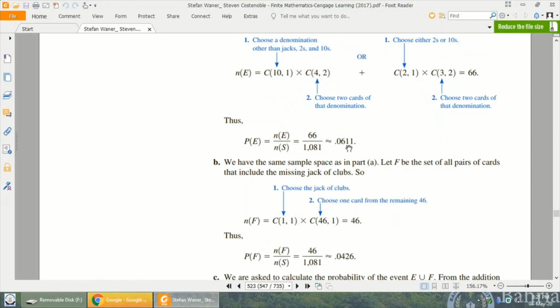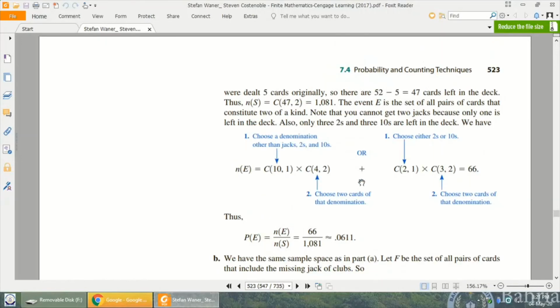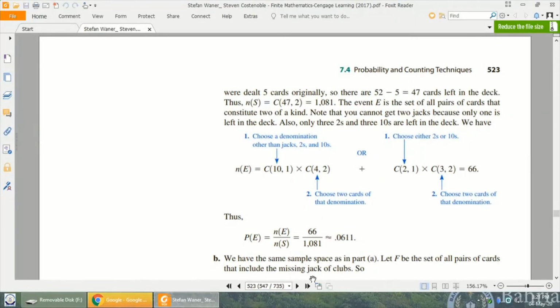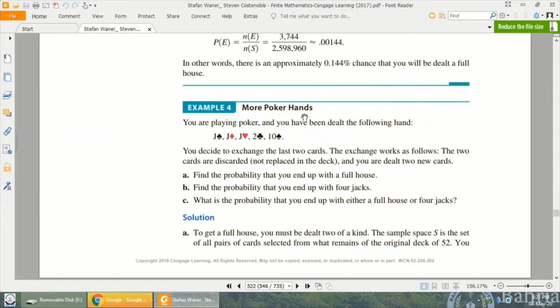So 46 by the total sample space of 1081, and this sample space was, as you can see, the total sample space of having 47, and the sample space would not change in this case because you're selecting the 2 cards. So now, because you're dealt with 2 of a kind, you just want to replace these cards. So the possibilities that you have is after those 52, after you have the 5 ones, you have 47.